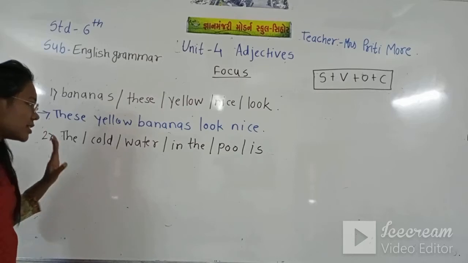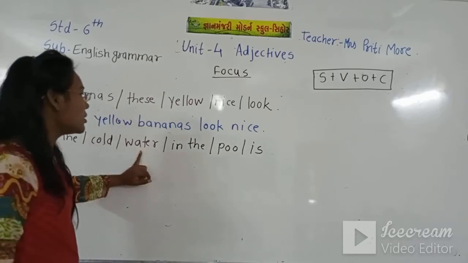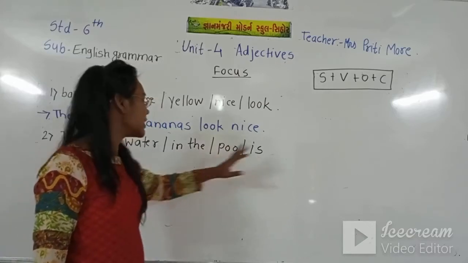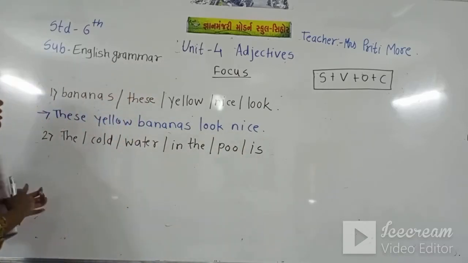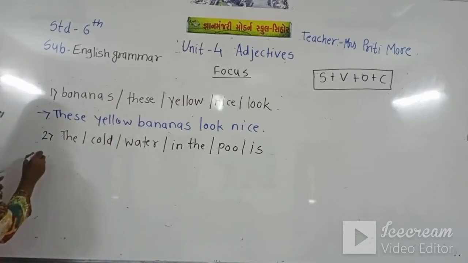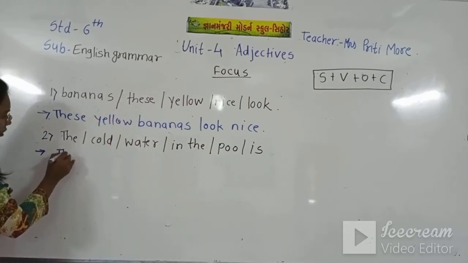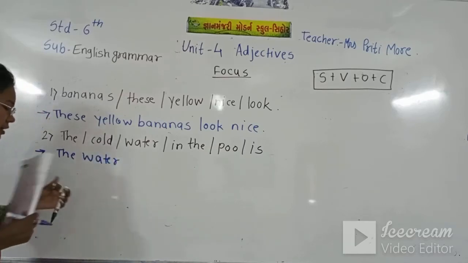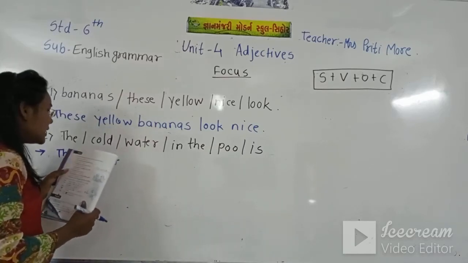The, this is not a subject. Water in the pool, this is also not a subject. Pool, not a subject. Is, not. So the water. The subject we got is the water. The water is.